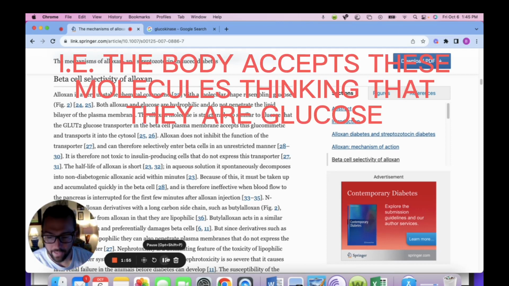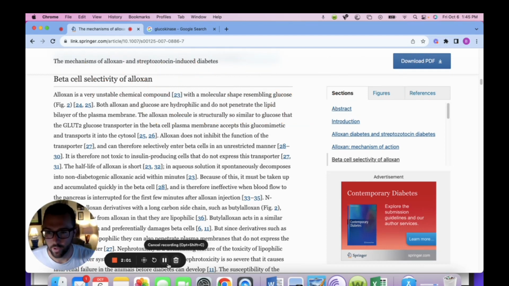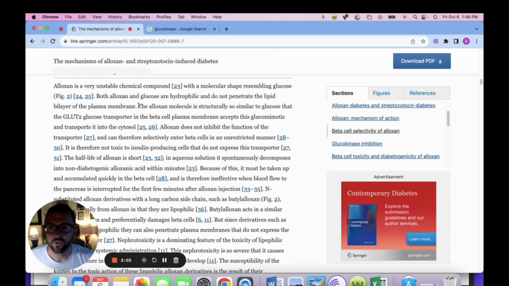And a lot of the mechanisms by which glucose enters the body is also how alloxan gets into the body. You'll see here that the alloxan molecule is structurally so similar to glucose that the GLUT2 glucose transporter, which is one of the pathways that glucose enters the cell, in the beta cell plasma membrane accepts this glucomimetic and transports it into the cytosol.